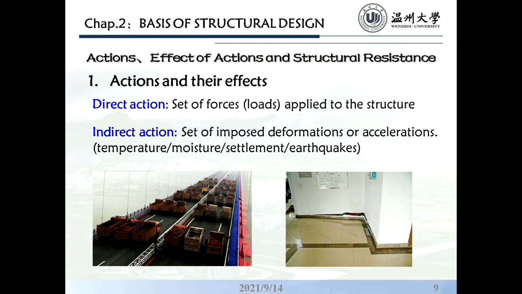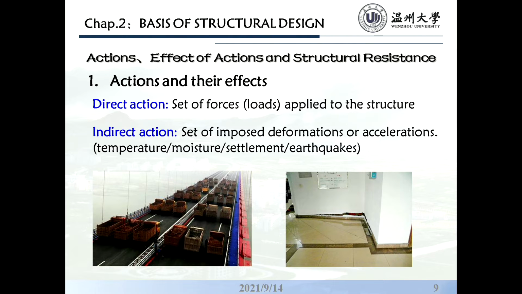The actions. Here we need to know, for us to construct a building or to design buildings, we need to divide, right? Some of which is the action, of which is the resistance. Here is just to divide and know the action or the resistance.